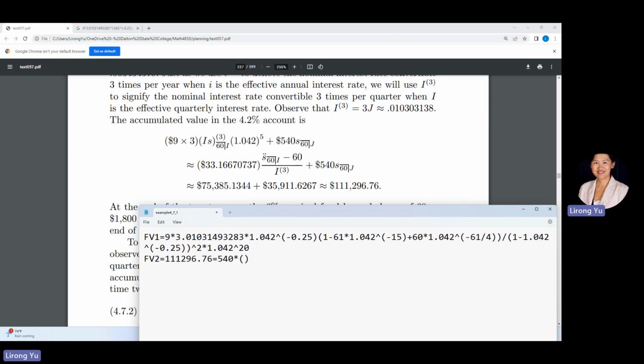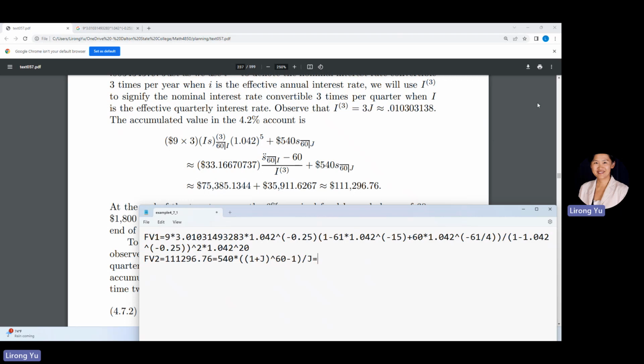So that will be the 1 plus j to the power of 60 minus 1. That is the numerator, divided by j. That's what it's supposed to be.